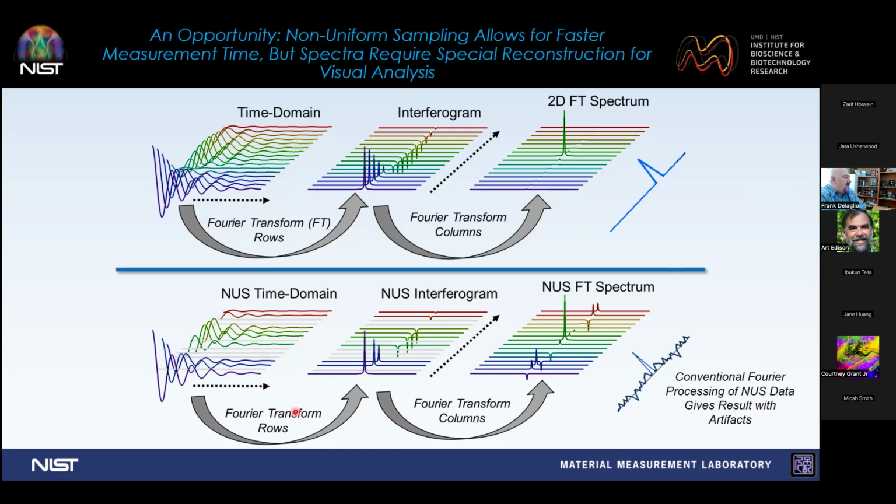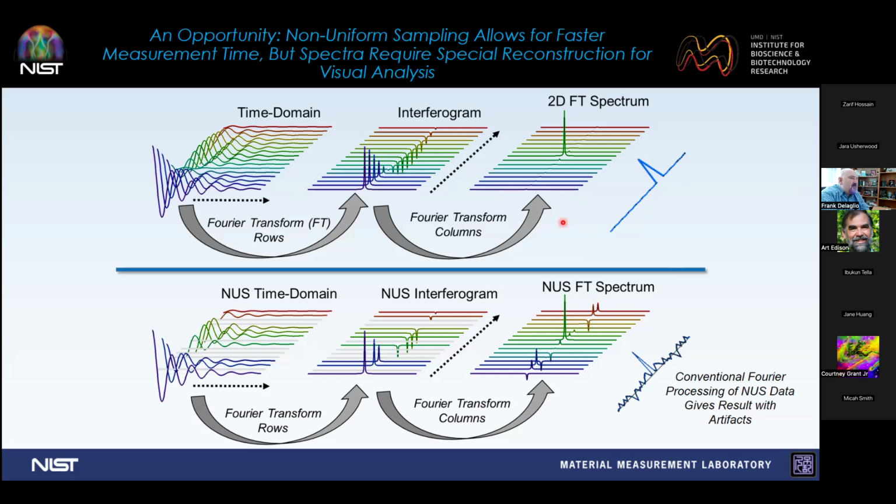What that means, though, is that when we try to Fourier transform this kind of data that has gaps in it, places where we skipped over a measurement, the spectrum that we get has unusual artifacts, and we can't easily do it directly. But the Fourier transform doesn't change the information content of the data. It just rearranges it in a linear transform.